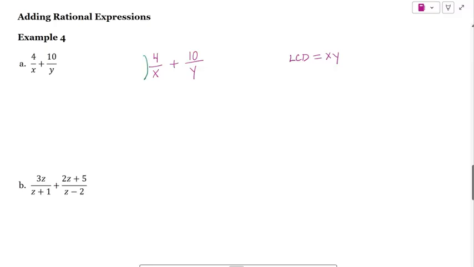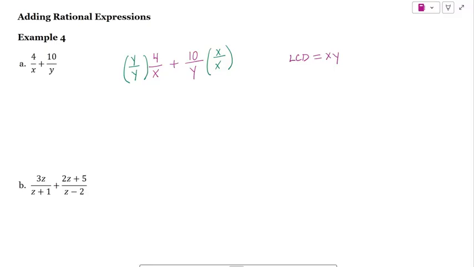So for the fraction on the left, I want to multiply by y over y. This is just a form of 1. This is equal to 1. So I'm not changing the fraction that I'm multiplying by, I'm just changing the way that it looks. And then on the right-hand side, I'll multiply by x over x.